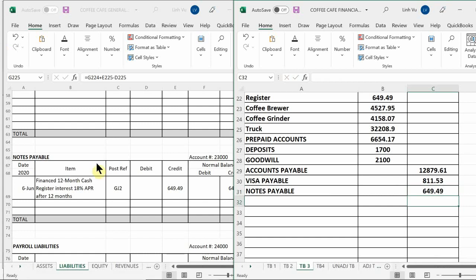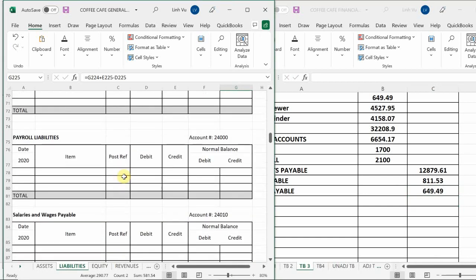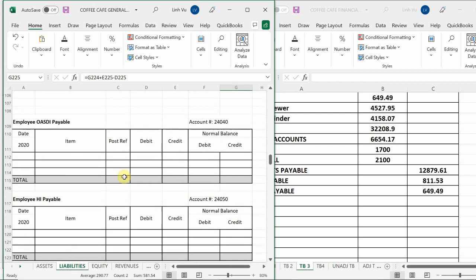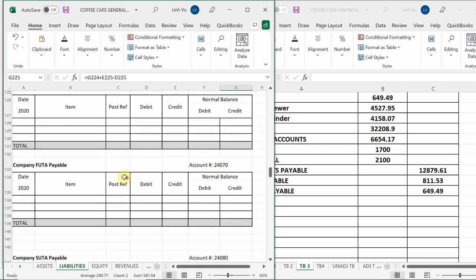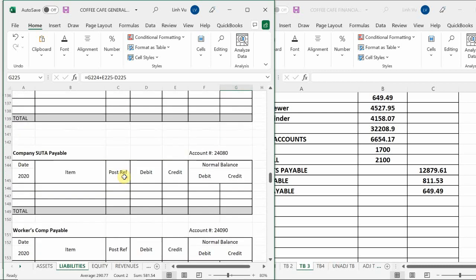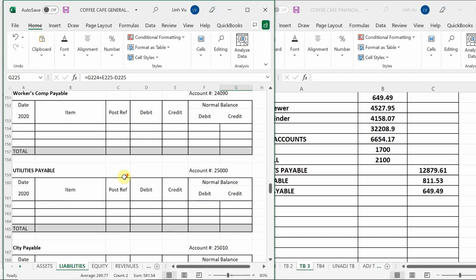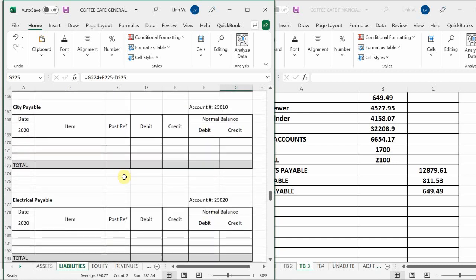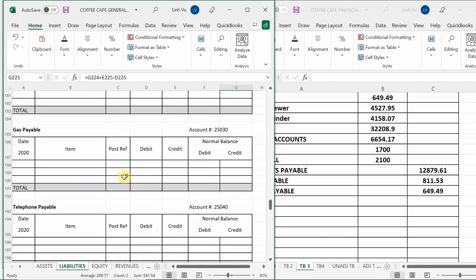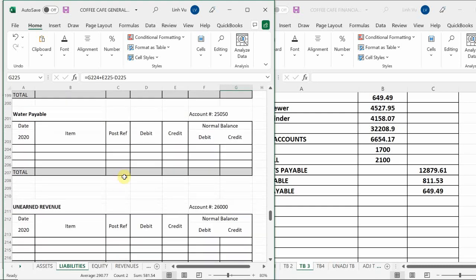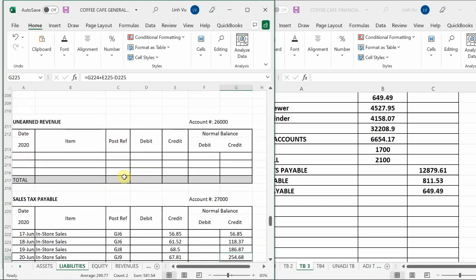Okay. Let's see what else we have here. We haven't done payroll yet, so this whole section is not there yet. We haven't had any utilities expense, just some on payroll. Utilities payable, none of those. Okay. No unearned revenue yet.